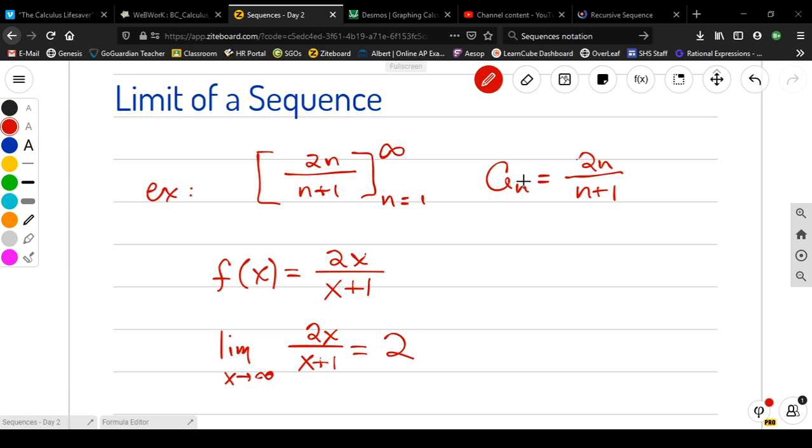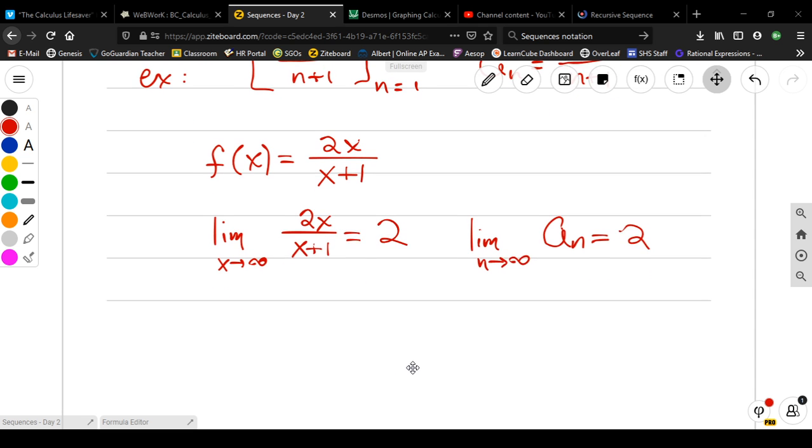Well, the sequence is really going to head towards the same thing. Just because you're plugging in integers instead of real numbers doesn't mean that as those integers shoot out to infinity, you're not still heading towards the same value of 2. If the function has a limit, the sequence as well is going to tend towards that same limit and that same value.